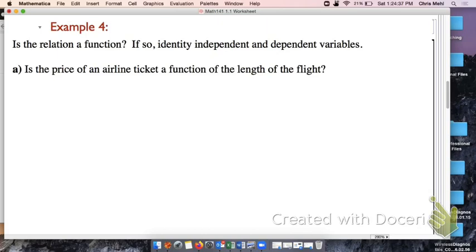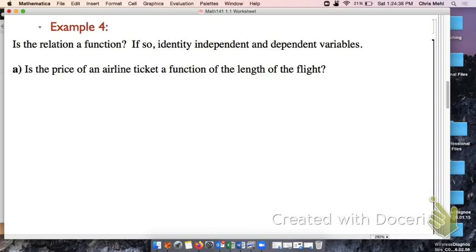Remember, if you go back to the definition of a function on the previous page, it said whenever two quantities are related through a function, you always want to say that the output is a function of the input. So for part A, is the price of an airline ticket a function of the length of the flight?